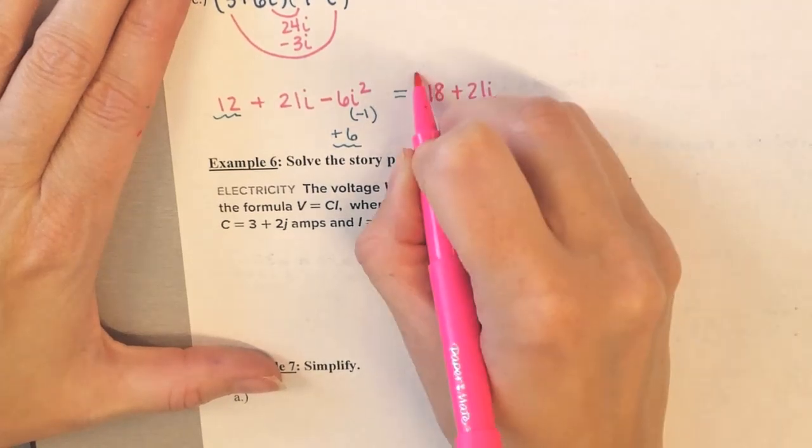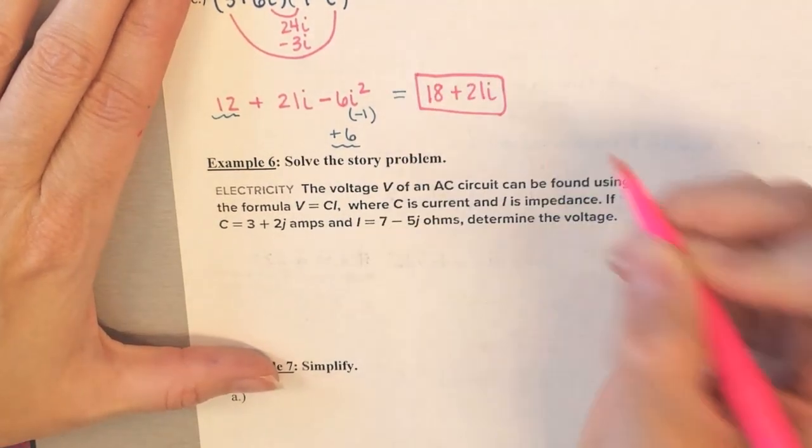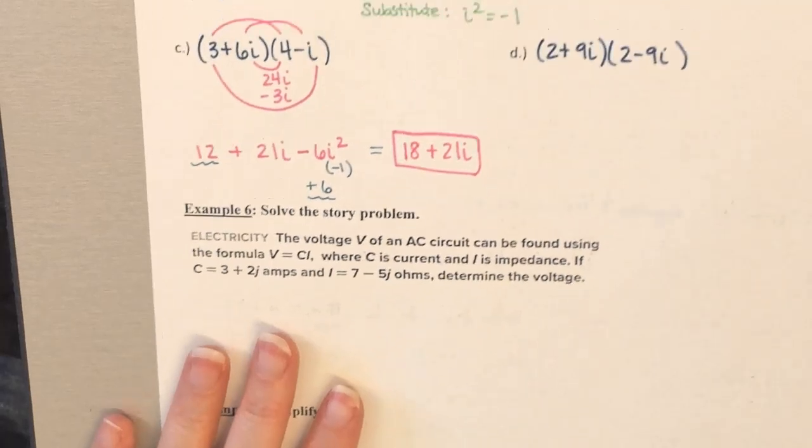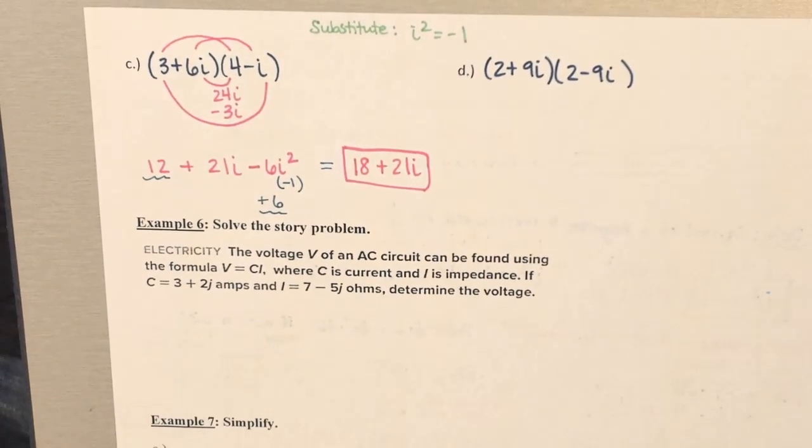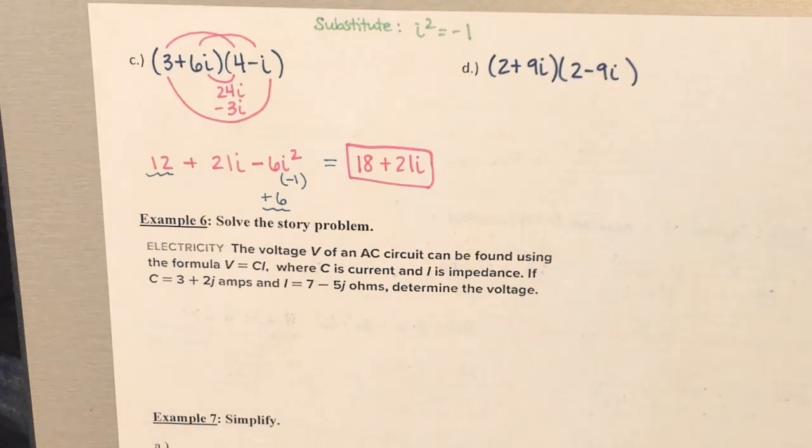Great. Okay, and then make sure you guys put it in that a plus bi form too. Good job. All right, and then for part D, we are going to FOIL again, but you should notice something special happening in this one. Okay, so go ahead and FOIL that.